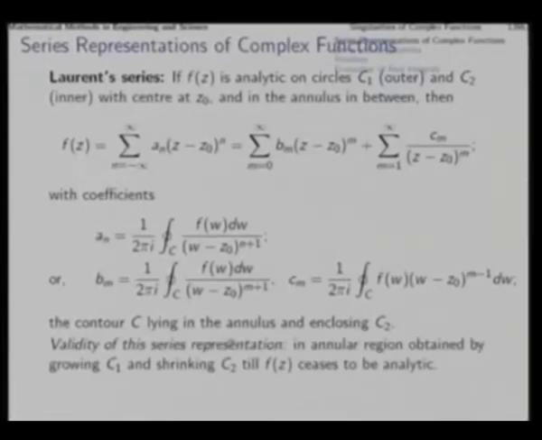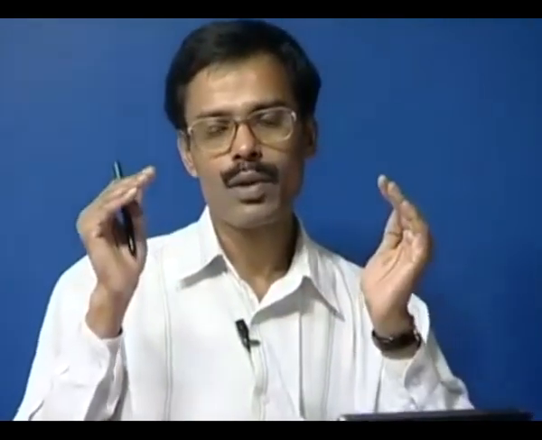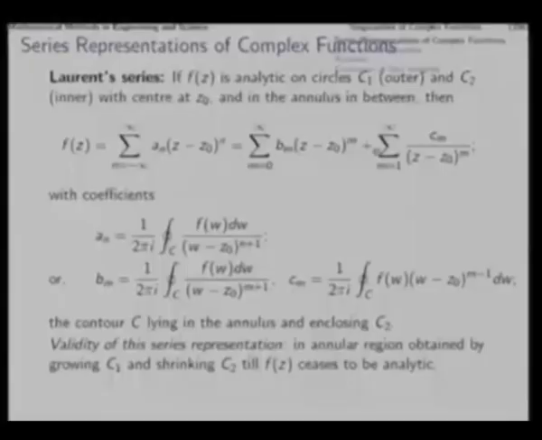Now, is this series representation valid within the annulus? Certainly. Is there any region outside the annulus where this series representation is valid? The answer is yes. If you go on shrinking the inner circle C2 and expanding the outer circle C1, then you increase the width of the annulus and the series representation turns out to be valid, that is convergent, as long as this shrinking and that expanding does not encounter a singularity.